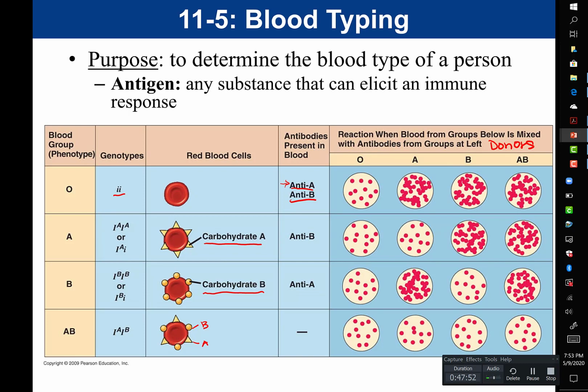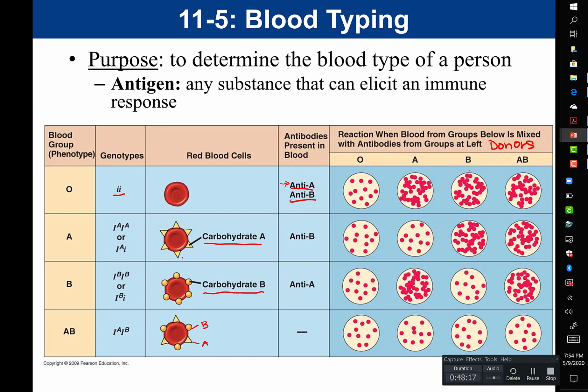So in their blood, this O recipient is producing those anti-A antibodies, and that is going to interact with the A donor, because this A donor has the A carbohydrate, which will interact with the anti-A antibodies.